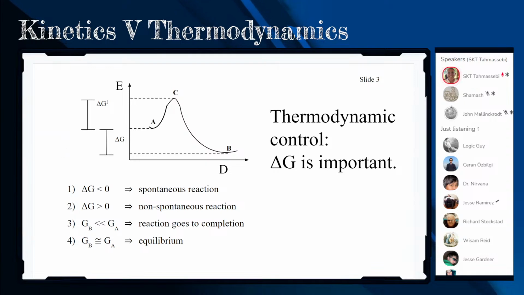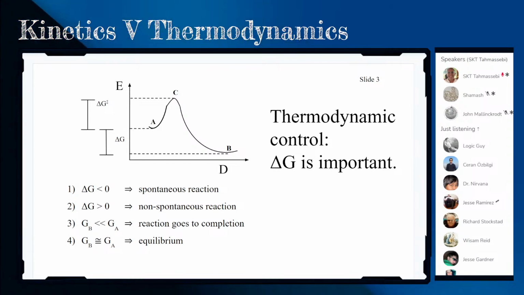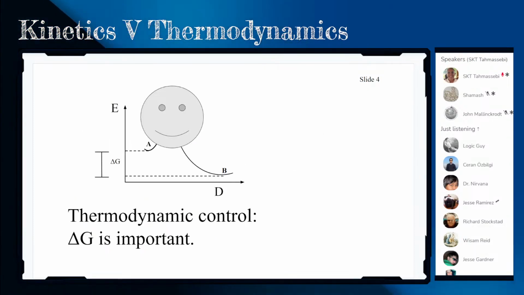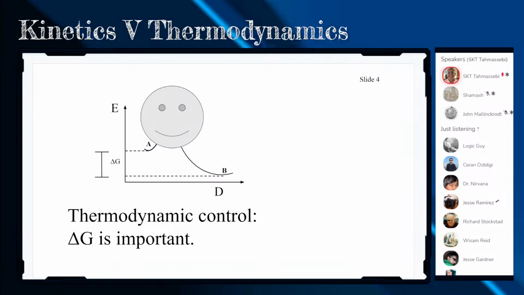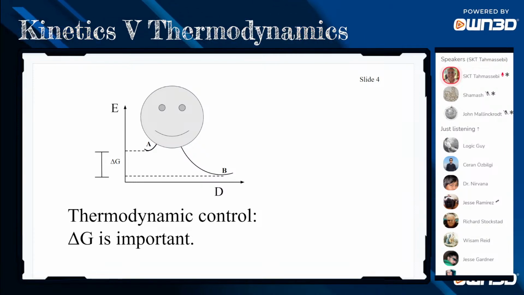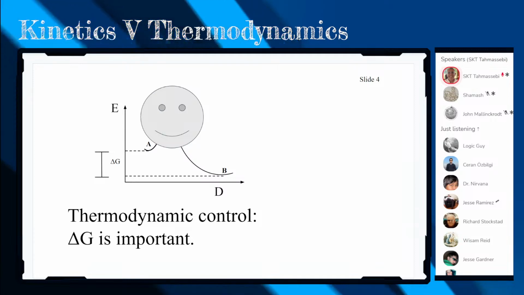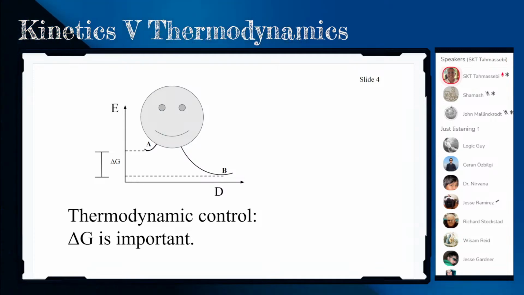I don't care where the transition state is, because the transition state is accessible. So I'm going to completely disregard that, and I'm only going to look at the products, the reactants, the delta G of the reaction, and determine whether that delta G is positive, negative, how big is it, how small is it, all of that.